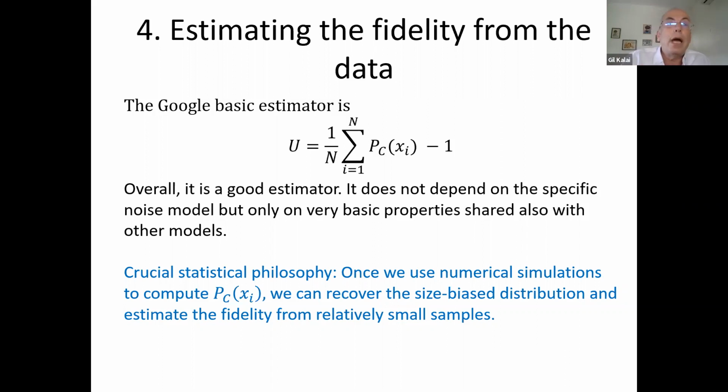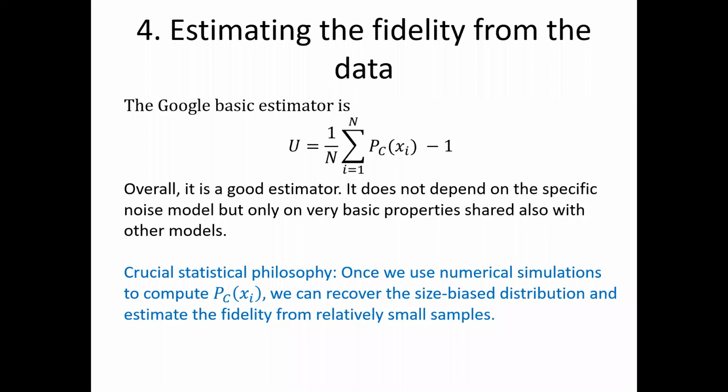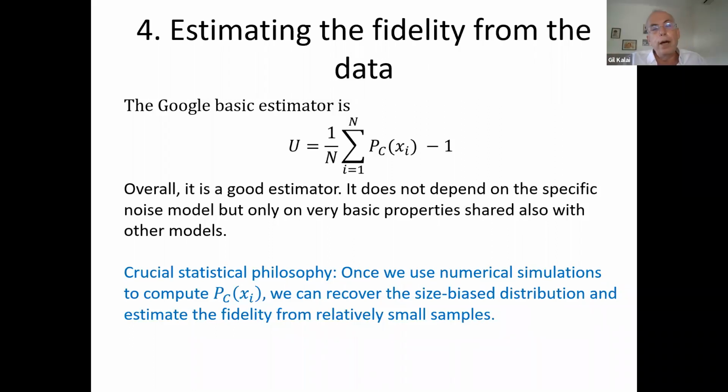And yet our samples are fairly small, a few million. The reason that we can make it work is that, on the side, we can compute the ideal probabilities we expect for every bit string. And using these ideal probabilities, we can see if there are some biases.